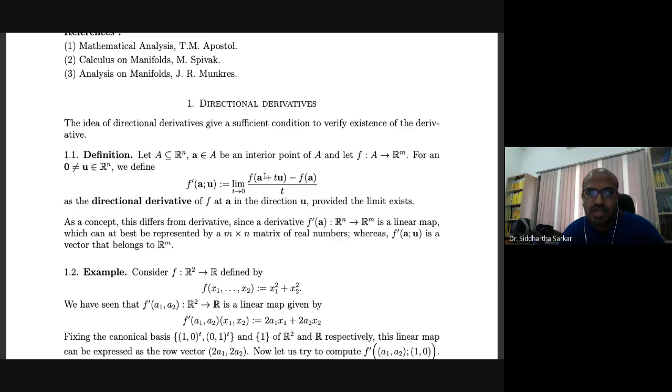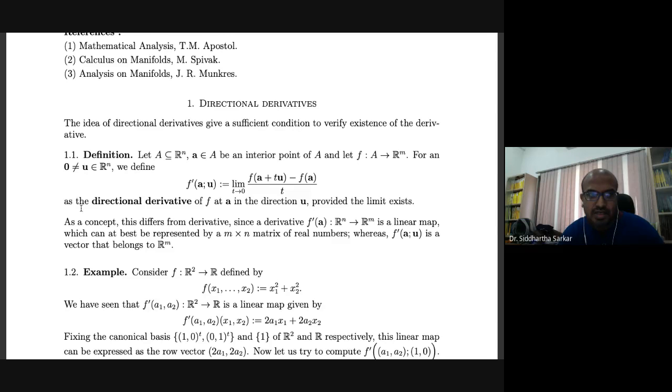So this expression means you are looking at a vector multiplied by the scalar 1/t, and taking the limit as t tends to 0. Because t tends to 0, we again assume it's an accumulation point, so t equal to 0 is not allowed, and then try to see whether this limit exists.